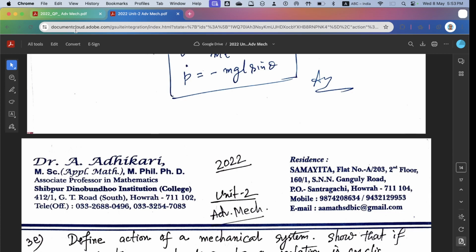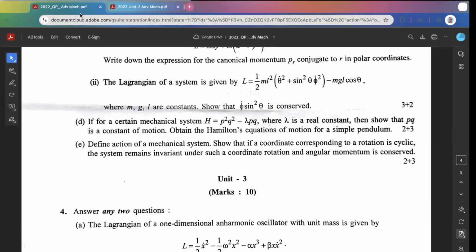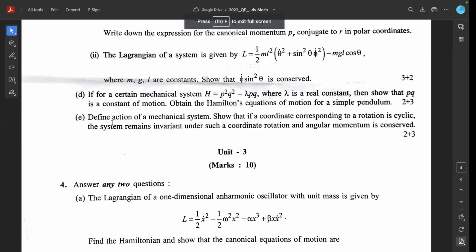Next, question 3E. Define the action of a mechanical system, and show that if a coordinate corresponding to a rotation is cyclic, the system remains invariant under such coordinate rotation and angular momentum is conserved.